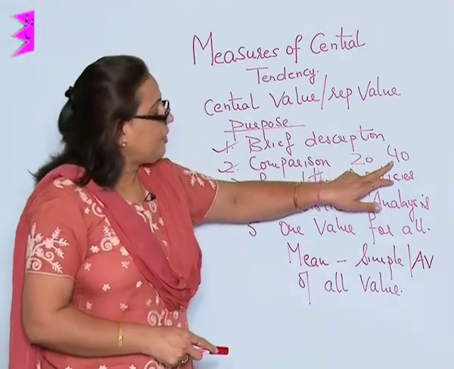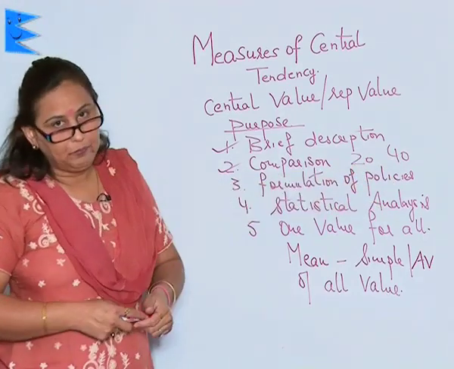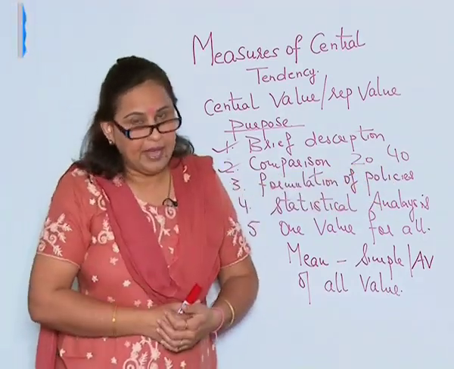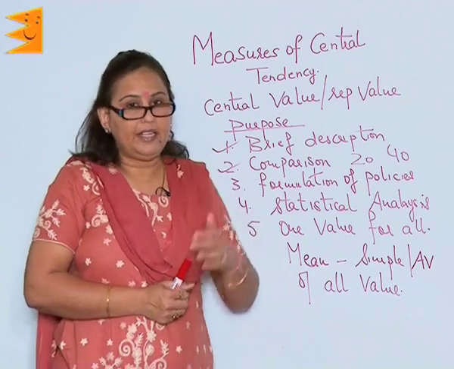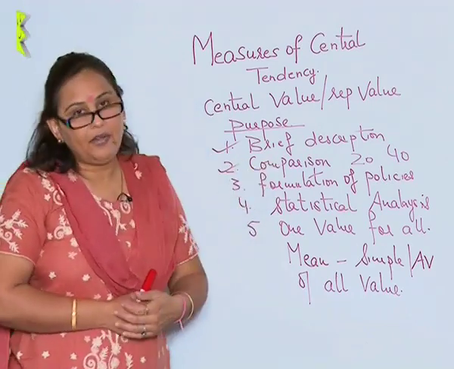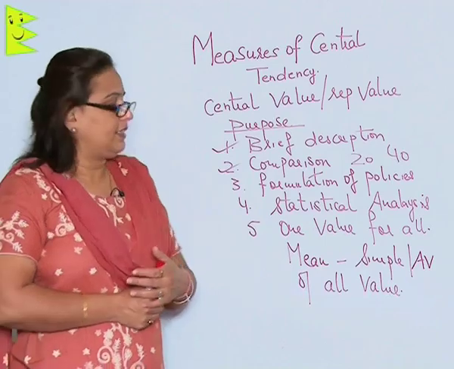That is, section B is brighter than section A. Thus, for any kind of comparison, it is very essential that we have the central value of the series.